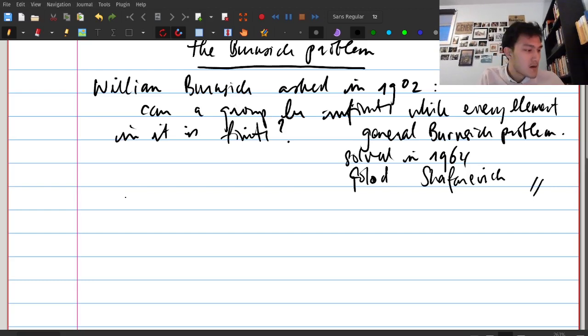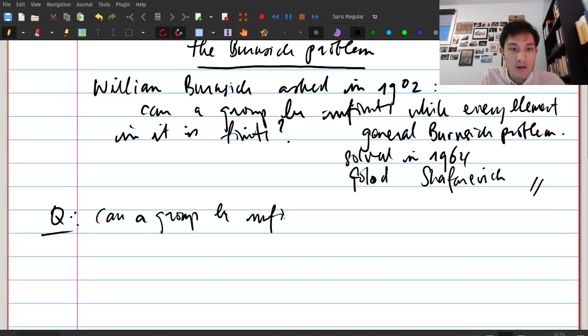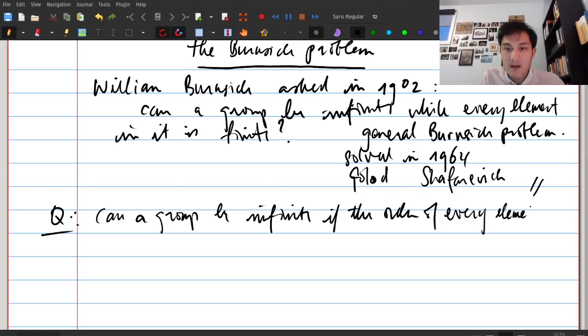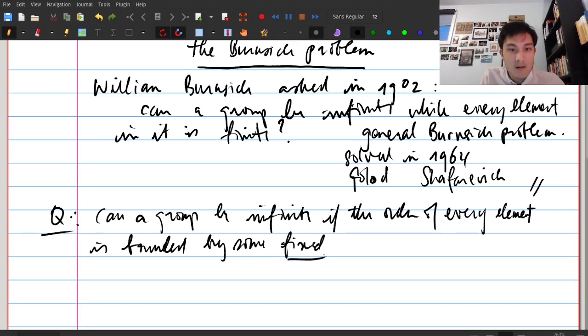We're going to ask, can a group be infinite if the order of every element is bounded by some fixed integer n?